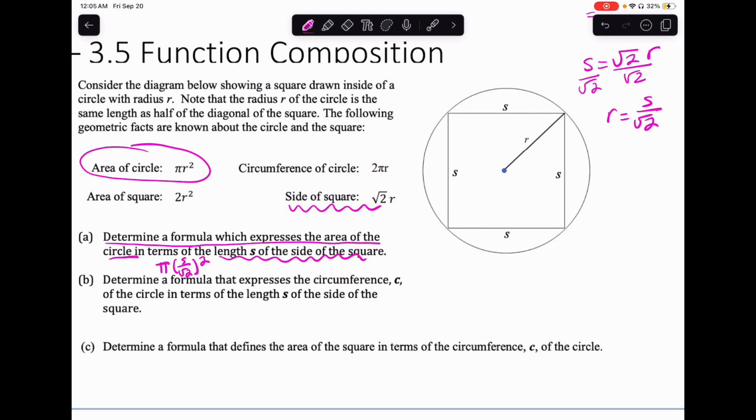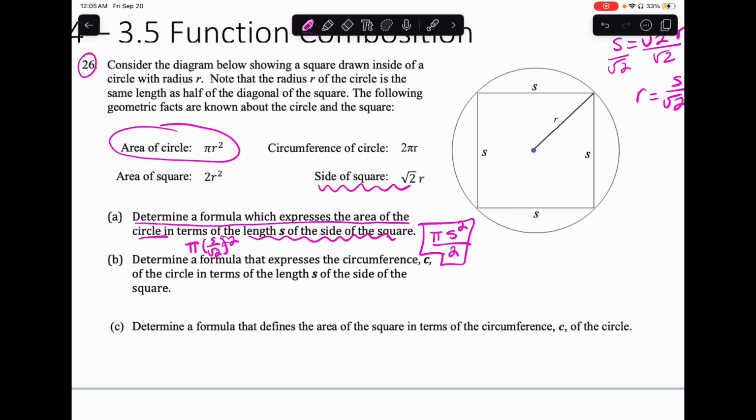We have this squared that we can put to the numerator and denominator. So we would have s squared over square root of 2 squared, which just means we cancel the square root, so we have a 2. And then we're still multiplying by pi. Since you're multiplying the fraction, you could put it in the numerator like this. And that's how they got the simplified answer of pi s squared over 2.